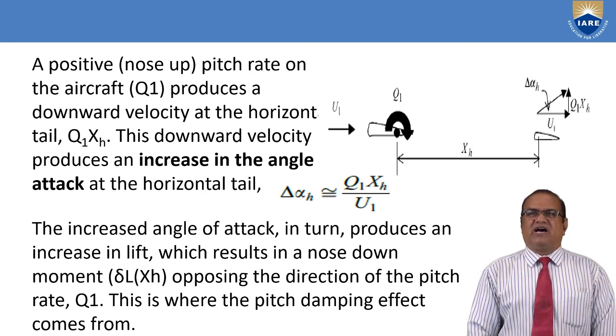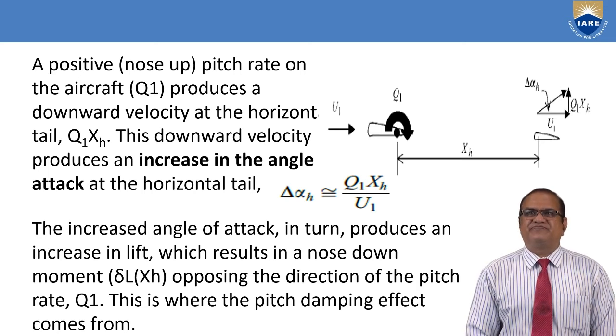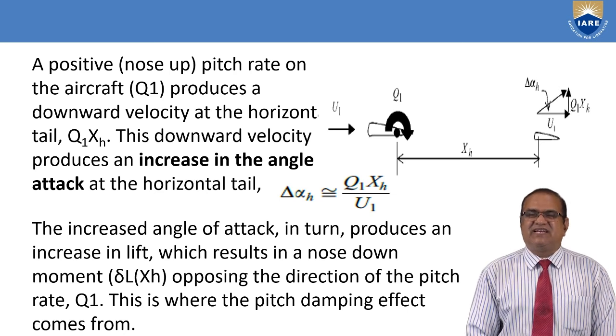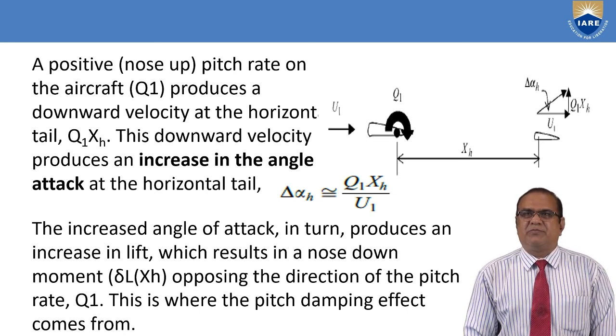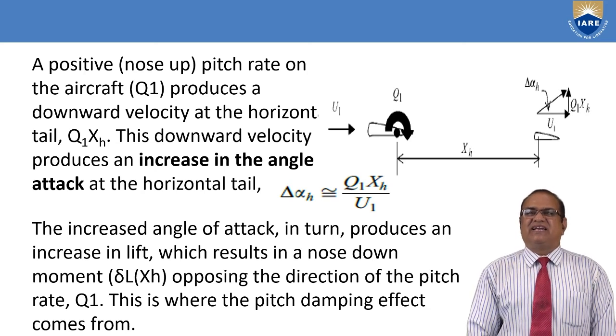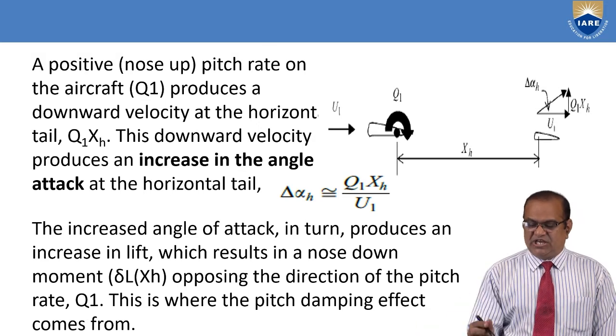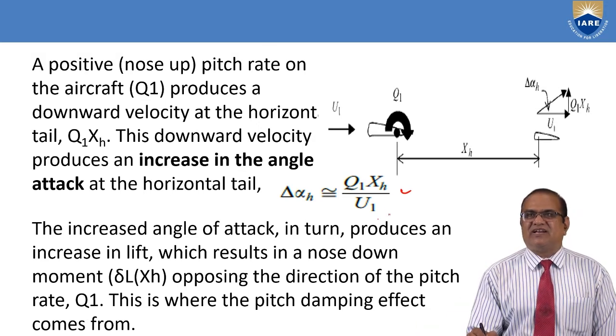A positive nose up pitch rate on the aircraft, that is Q1, produces a downward velocity at the horizontal tail, that is Q1XH. This downward velocity produces an increase in the angle of attack at the horizontal tail. So this delta alpha H is Q1XH divided by U1.